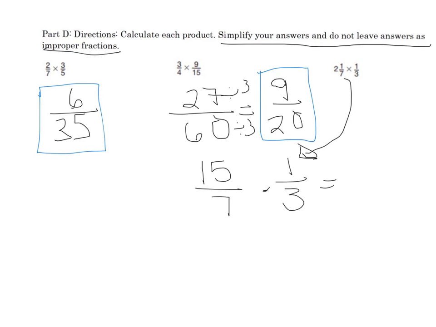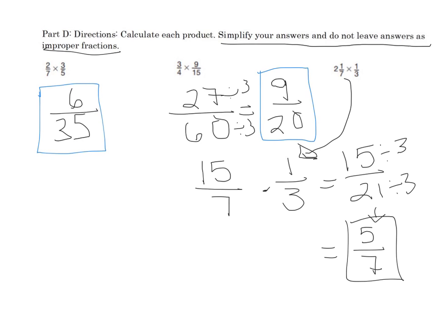And now we can multiply straight across and get 15/21. And I know right away that 3 can go into both of these. So I'm going to divide them both by 3. That would give me 5/7. And that would be in simplest form.